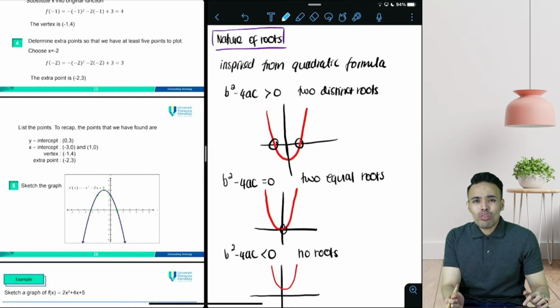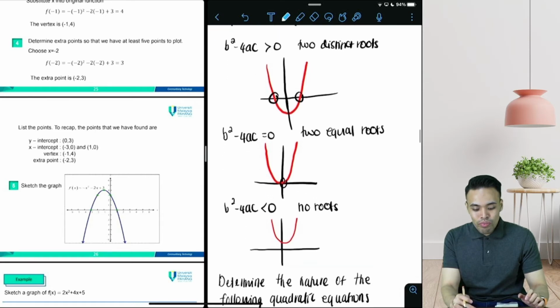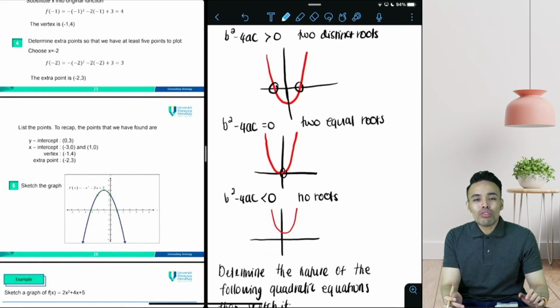Roots of a quadratic equation can be classified into three different classes. There are two distinct roots when b squared minus 4ac is larger than 0, or two equal roots when b squared minus 4ac is equal to 0.